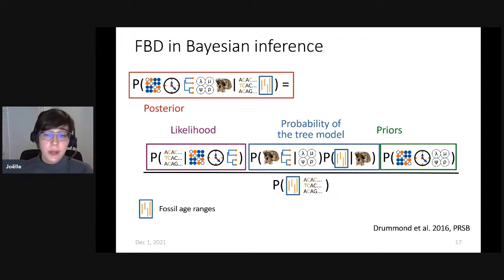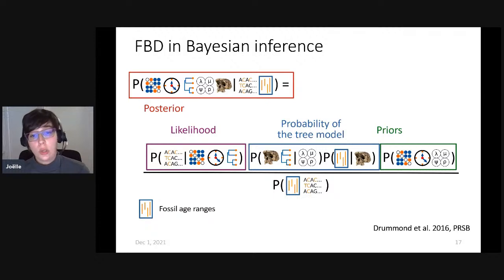Now, in theory, that probability could be set to any arbitrary distribution. In practice, it's mostly been used with a uniform distribution, meaning that probability is 0 if the age estimates are outside of the range, which makes sense. And then within the range, all the point estimates are considered equivalent.